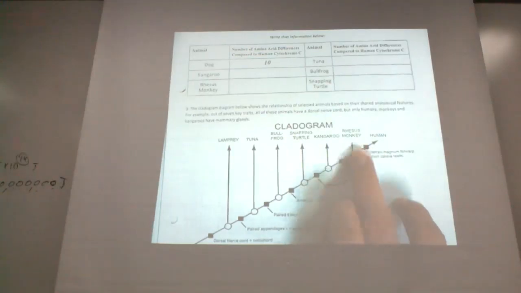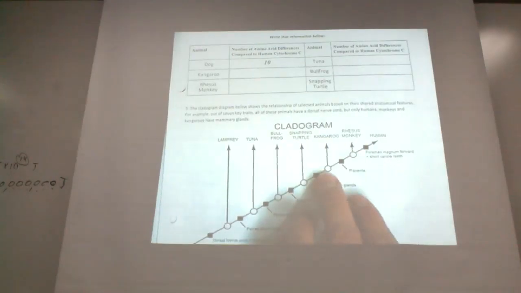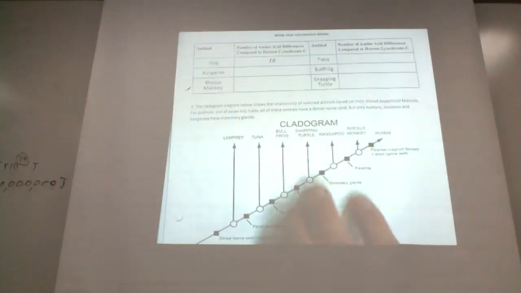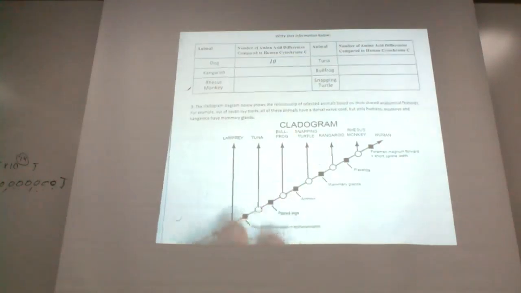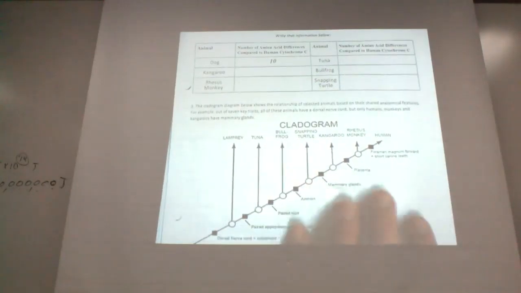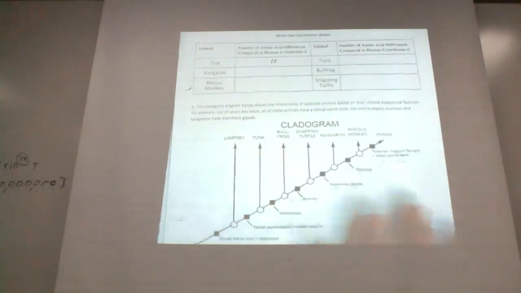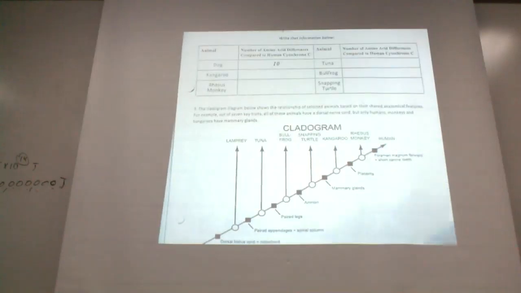Humans are more closely related to rhesus monkeys, and we diverge from them and have a common ancestor with them more recently than we did for kangaroos, which is a little bit further back. Further back, we have a common ancestor for kangaroos and humans. And if you go further back, there would be a common ancestor for snapping turtles and humans, and so on and so forth, all the way back to the lamprey. We're going to be keeping track of these sequences and then comparing them to this cladogram. It'll be on the last page, and we'll look to see if we can see some patterns in those differences.